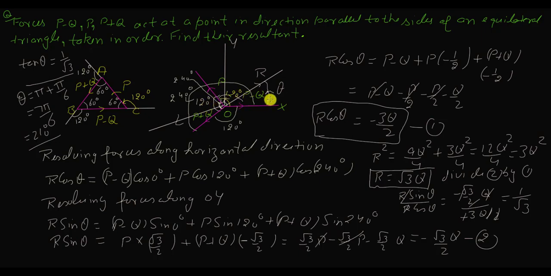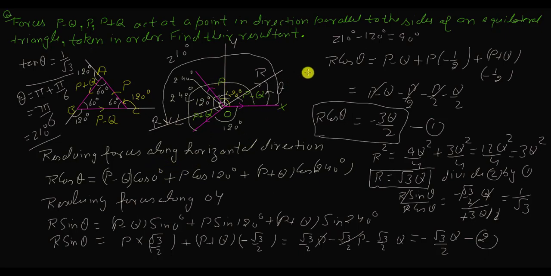So if I denote it over here, this angle is 210 and this angle which this P is making is 120 degree. So when we subtract 120 out of 210, this will give 90 degree. So this resultant R is making an angle 90 degree with P.